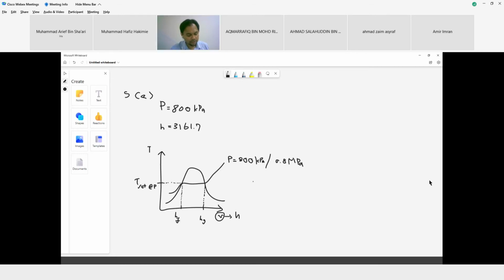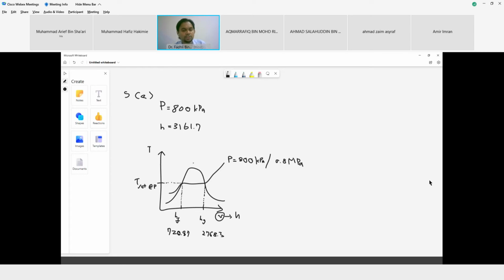So at 800 kilopascal, the value of HF is 720.87. HG is 2768.3.